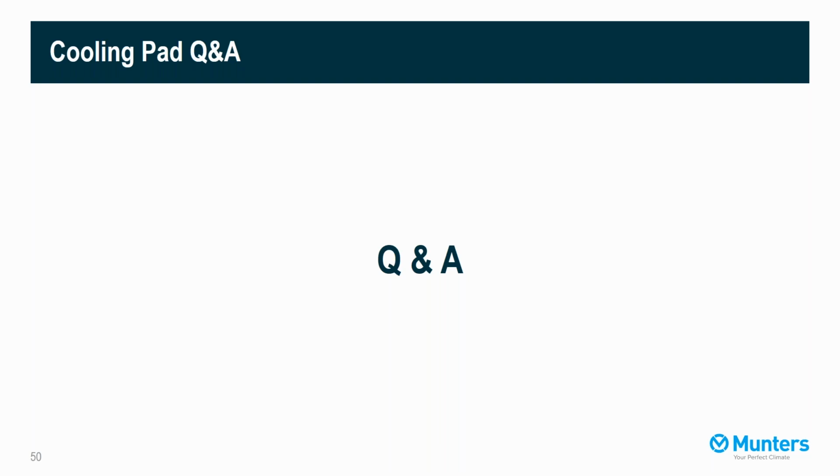Yeah, our recommendation would be that we would want it at least the height of the pad. So if you're using 6 foot high, you're going to want to be preferably 6 foot away. Is a good rule of thumb.